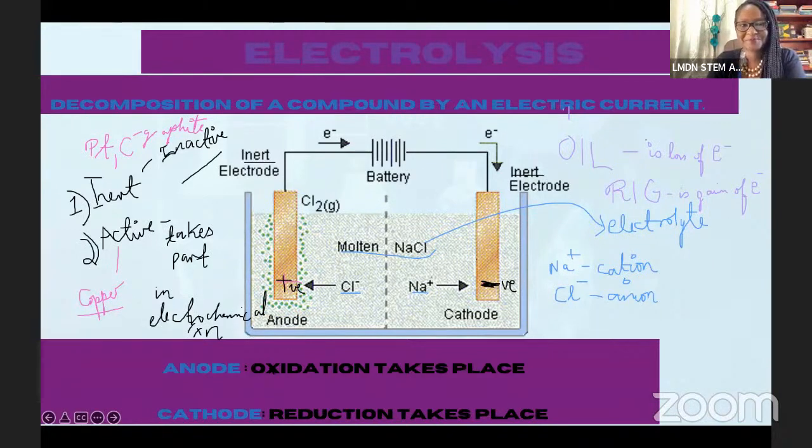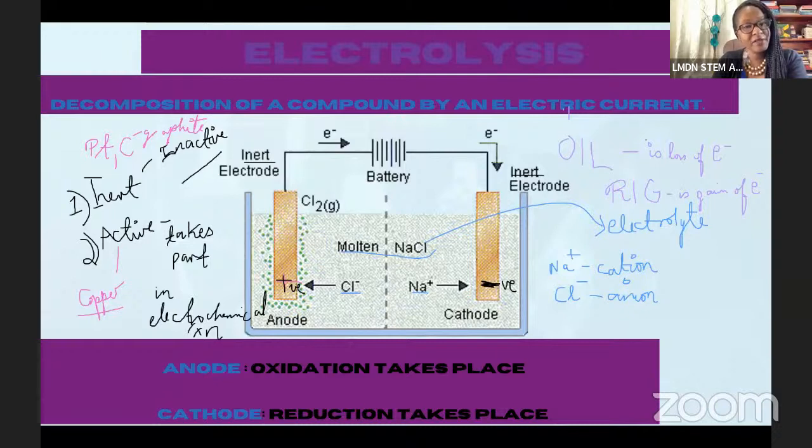All right. So the anode now, as a general rule, what we're saying is that this oxidation that we spoke about earlier, which is the loss of electrons, takes place at the anode, right? The anode is our positively charged electrode, and the anode is where the anions migrate towards, right?